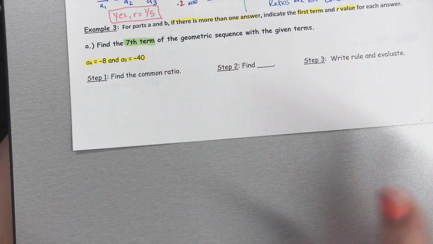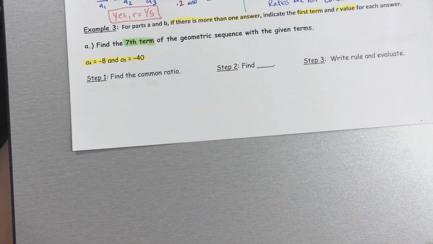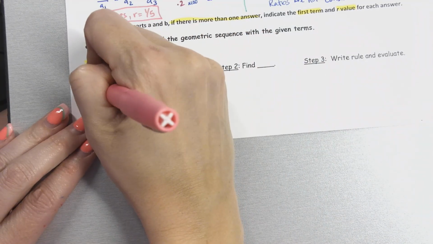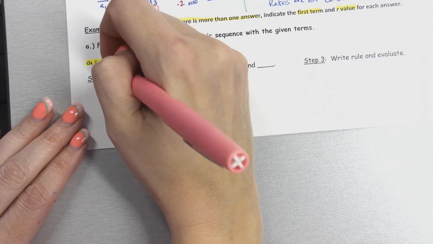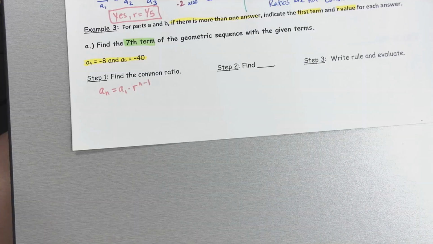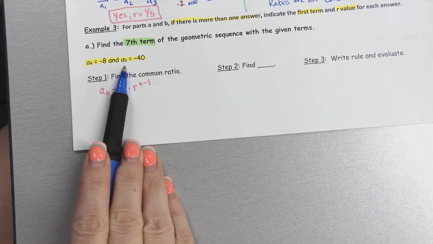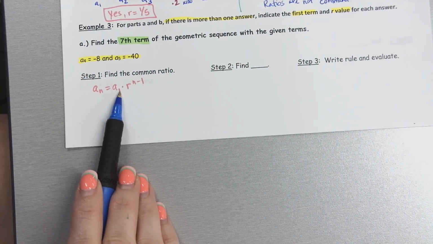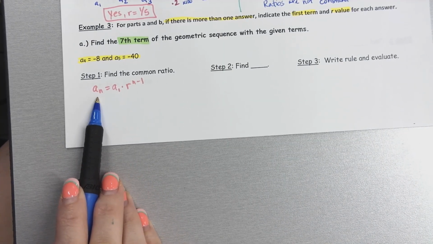So for one like this, you can absolutely do that. If you have ones that are further apart, then you can apply the given equation, a sub n equals a sub 1 times r to the n minus 1, and you can solve to find r. So if I'm given a sub 4 and a sub 5, just like we learned yesterday, you can plug in anything you want for the a sub 1 and the a sub n.